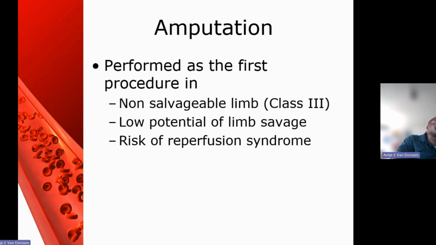With patients that are Rutherford class 3, there's a low potential of saving that limb. If there's a significantly higher level of obstruction, the risk of reperfusion is too high. We may end up just amputating the limb because the reperfusion syndrome is likely to kill the patient.